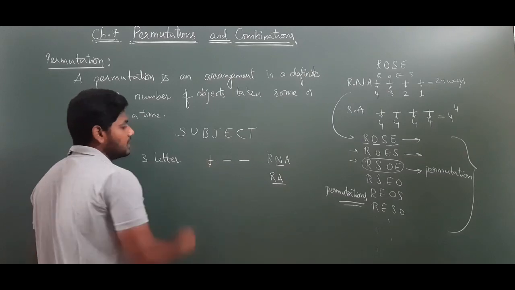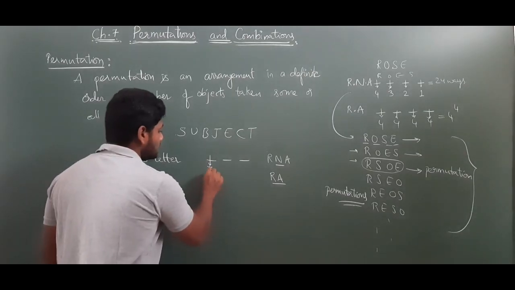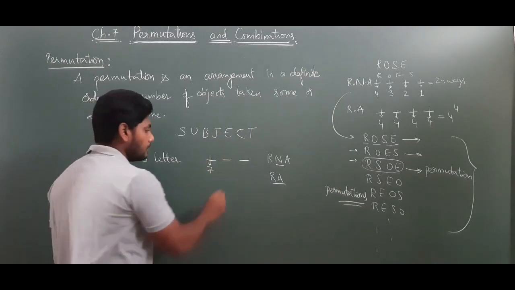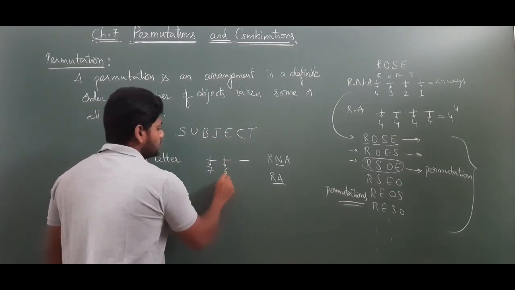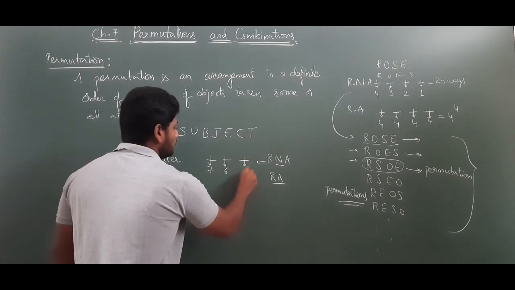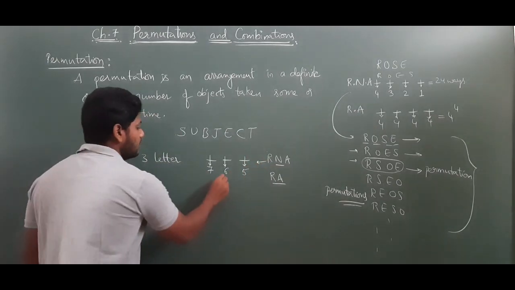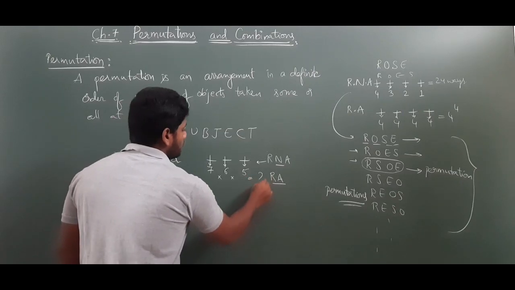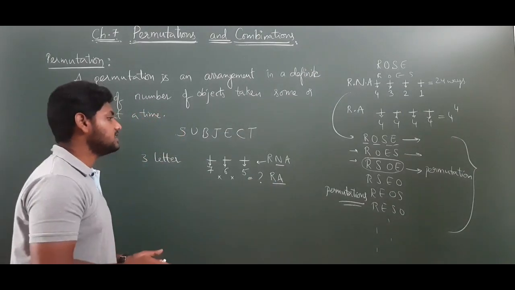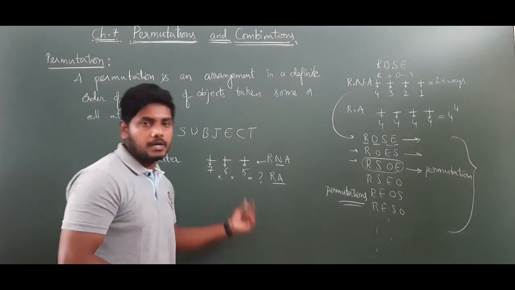So the first letter can be filled in how many different ways? 7 ways, because there are 1, 2, 3, 4, 5, 6, 7 letters. Next can be filled with 6 ways, because it is an RNA case. Next will be filled with 5 ways. So 7 into 6 into 5 will be the total number of ways, which here we consider as the total number of permutations.